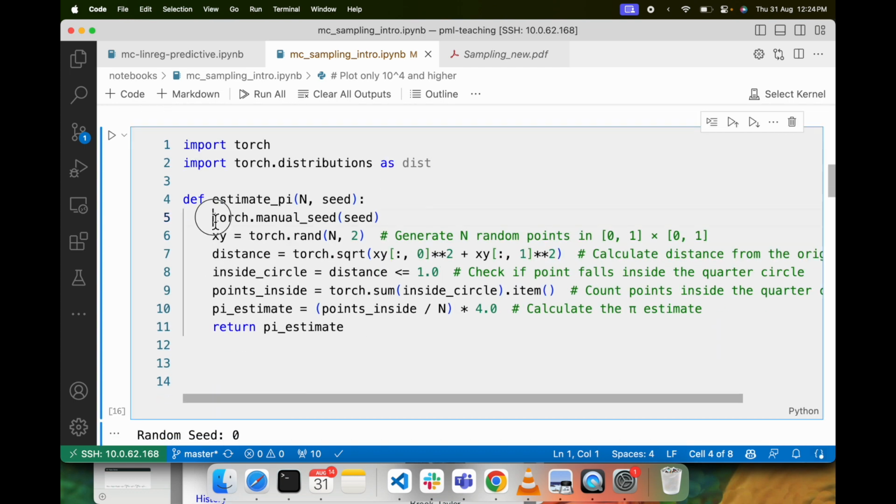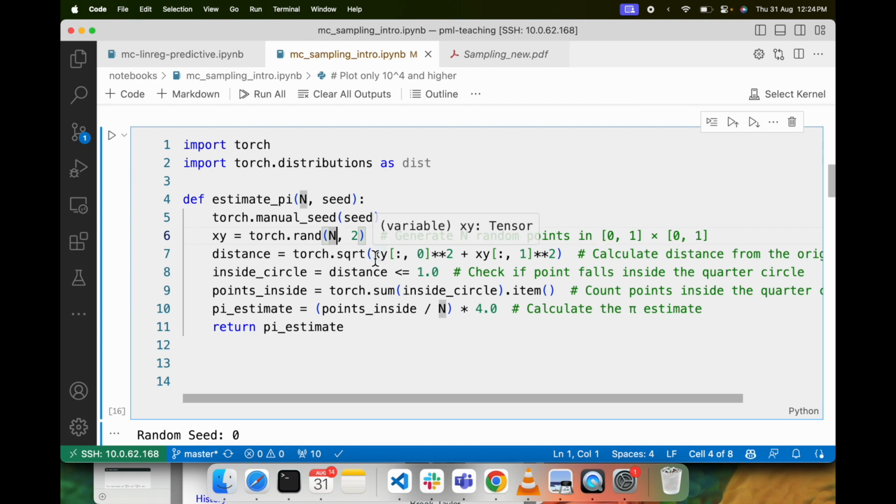We are setting in the manual seed, we're setting in a random seed. We are drawing xy, we are generating n points in the 0, 1, 0, 1 unit square, right? Or we are generating n points from a 2D uniform distribution between 0, 1, 0, 1, right? That is what we're doing.